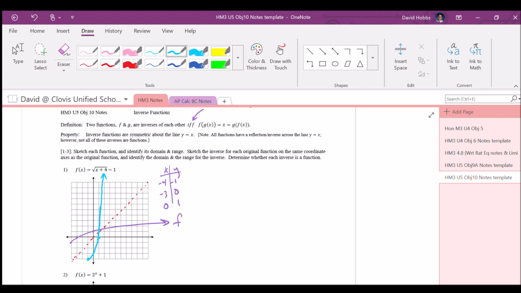Now, mine's very close. I'm off just a little bit. So, you know, these are sketches. Let's see, I need to label this one. Now this one is effectively our g of x, but there is notation for it. Well, let's just go ahead and call it g of x for right now. Okay, so g of x.